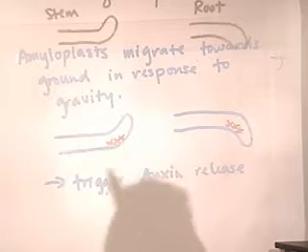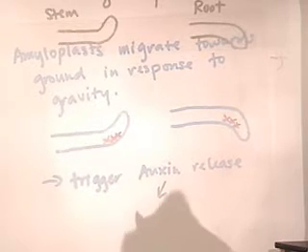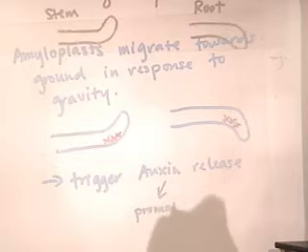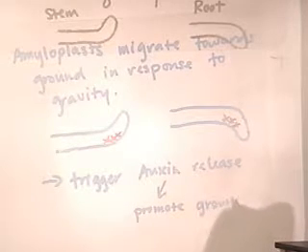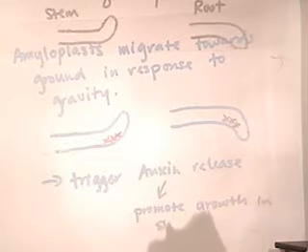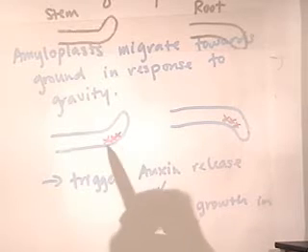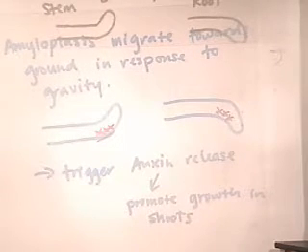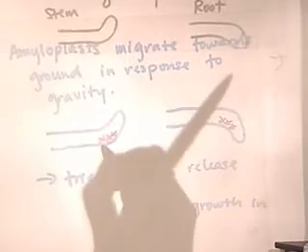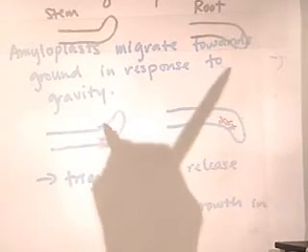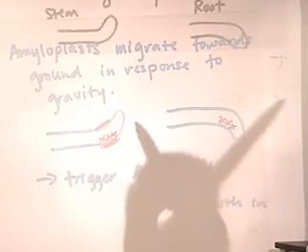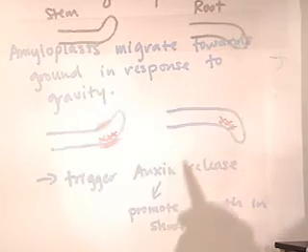In a shoot, that's going to promote growth in the shoots. So this side of my shoot right here is growing more than this side of my shoot, so that's why it starts curving up, because this side's growing faster than this.